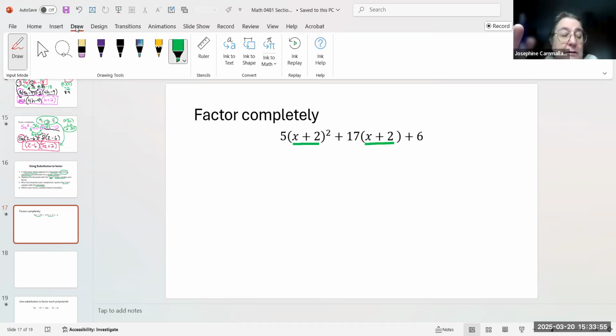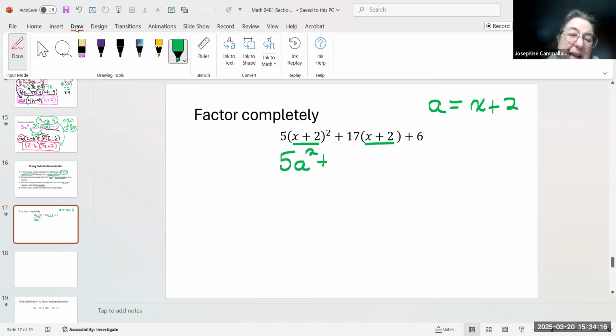I'm going to pick one other letter from the alphabet, and I'm going to say it's A. And I'm going to say it represents x plus 2. So that means now I'm going to write this as 5a squared plus 17a plus 6.